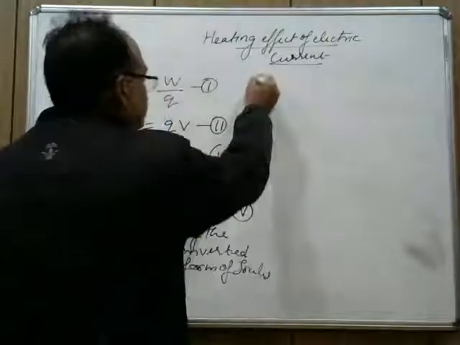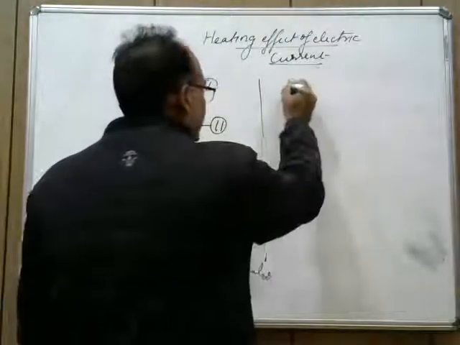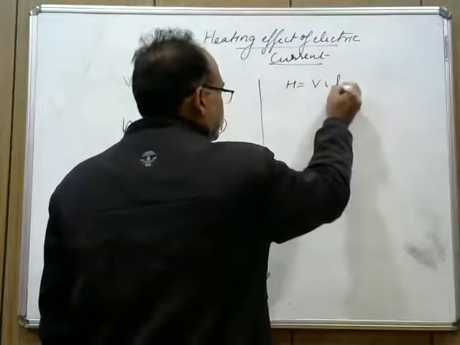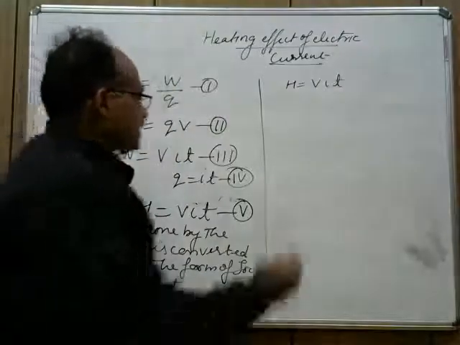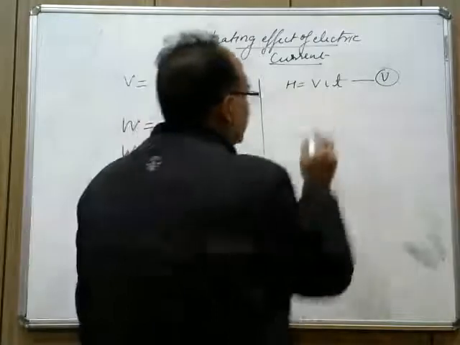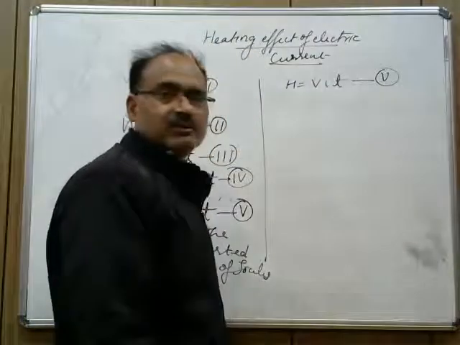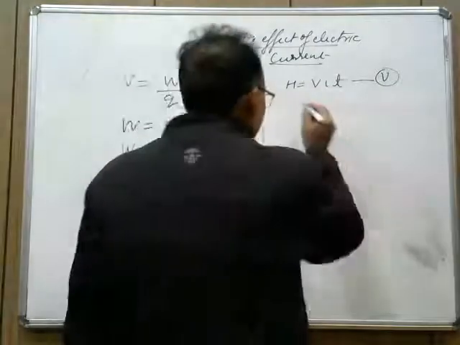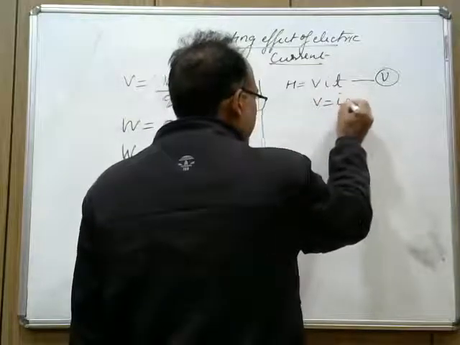So we can write this expression as H is equal to VIT. So this is expression 5. We have taken this here. Now, by using the expression of the Ohm's law, we can use that V is equal to I into R.